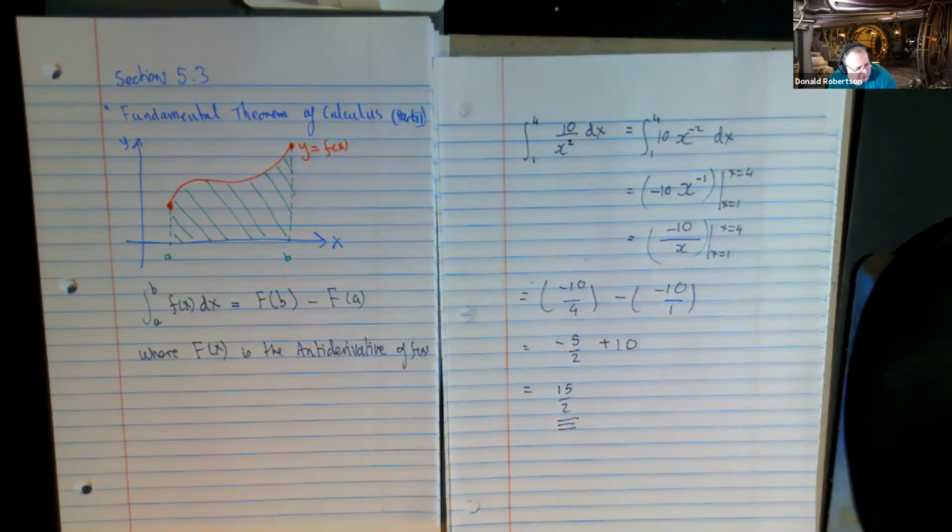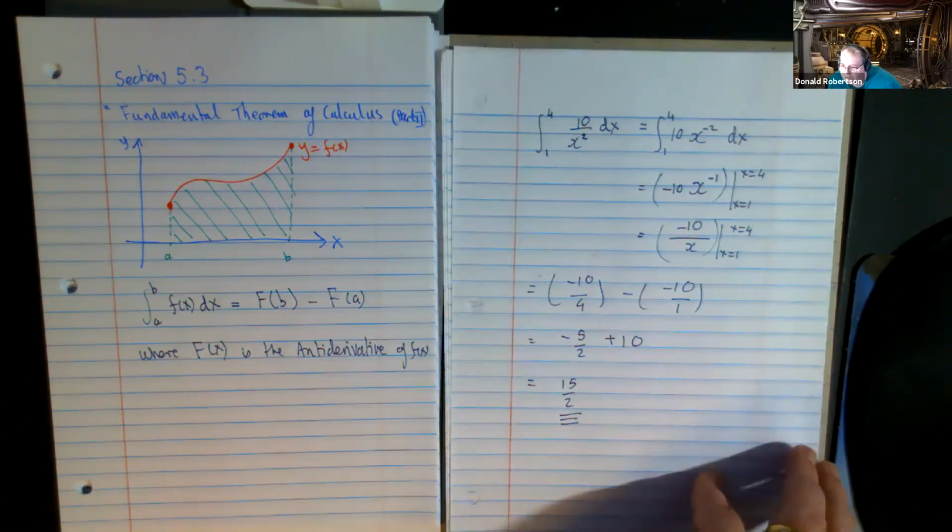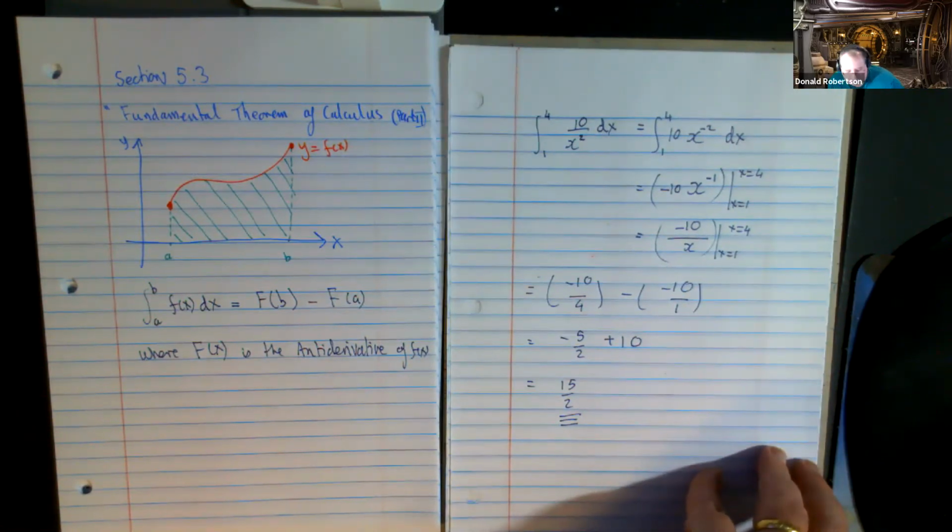With one exception, I think the vast majority of questions today have been the power rule. Just you had to do some work to be able to use the power rule. Are we good? Right, here's one to try.